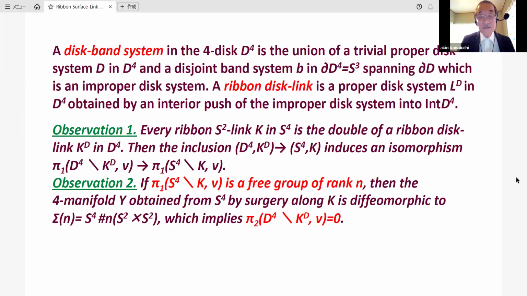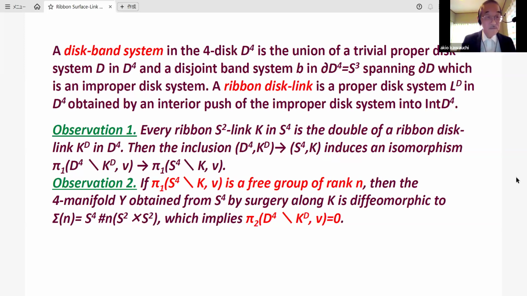A ribbon disk link is a proper disk system L_D in D^4 obtained by an interior push of the improper disk system into the interior of D^4.